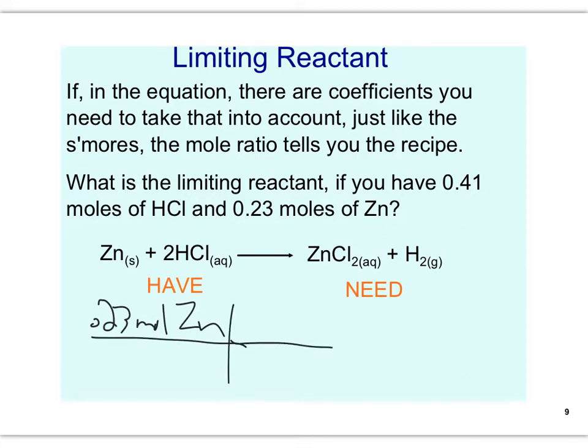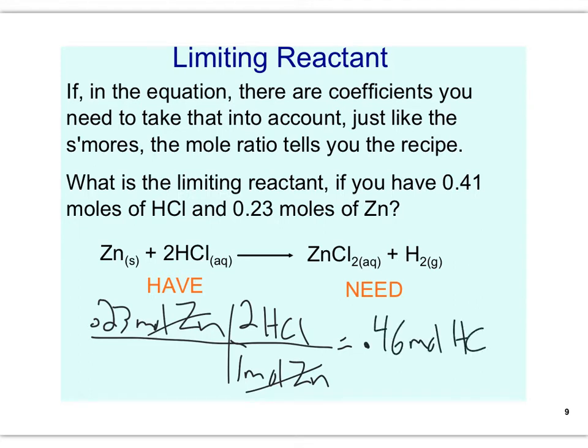Well, for every 1 mole of zinc, I need 2 moles of hydrochloric acid. So moles of zinc are going to cancel out per 2 moles of hydrochloric acid, and I find that I would need 0.46 moles of hydrochloric acid.